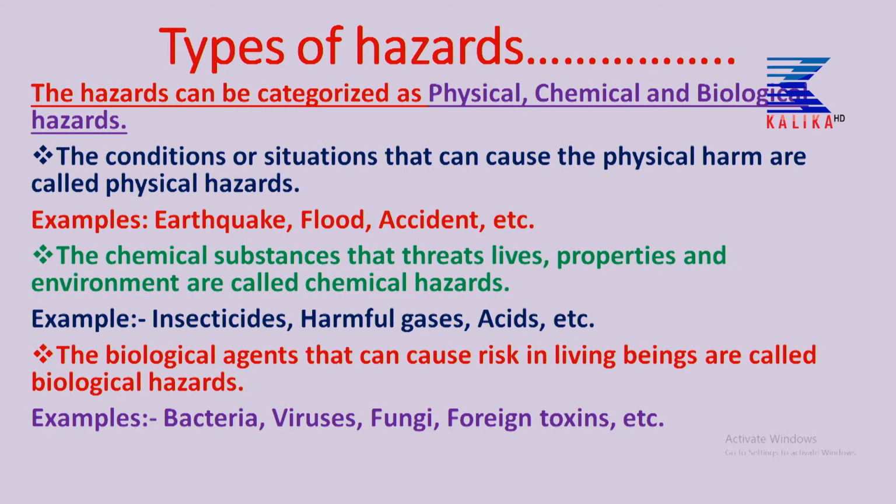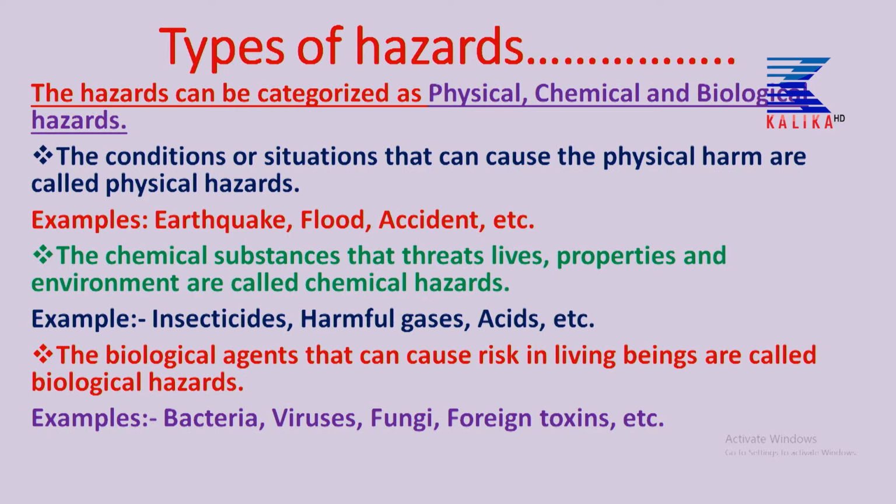Some physical phenomena that occur, for example, earthquake, flood, accident, the application of force or some sort of vibrations or pressure. If the hazard occurs because of some physical phenomenon, these are called physical hazards. Example: earthquake, flood, accident, airplane crashes, etc.